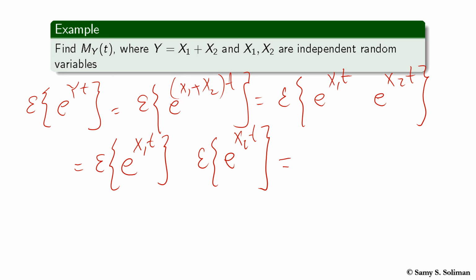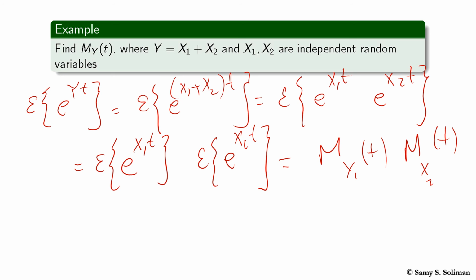Of course, this is the moment generating function of x1 times the moment generating function of x2. So we can conclude here that for any two independent random variables added together, the moment generating function is the product of their moment generating functions. And this can be generalized for any number of random variables added together. The moment generating function of the addition of n random variables is equal to the product of the moment generating functions of those n random variables.